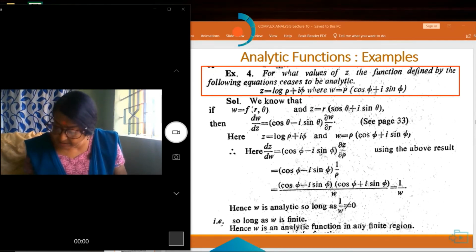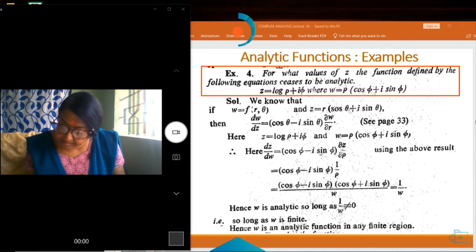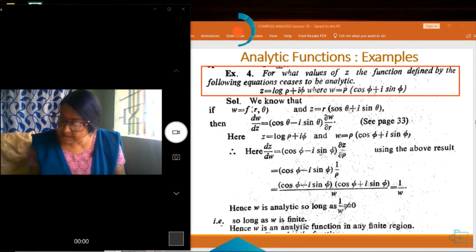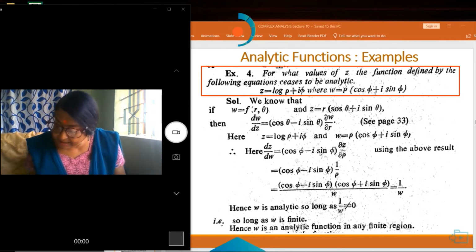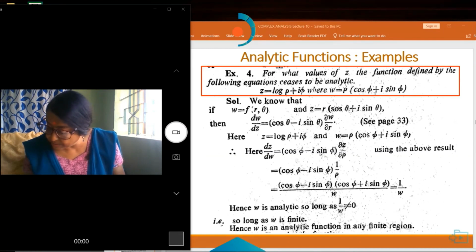So after calculating it, we get that it is equal to 1/w. Hence, it will cease to be analytic as long as 1/w is equal to 0, and will be analytic if 1/w is not equal to 0.